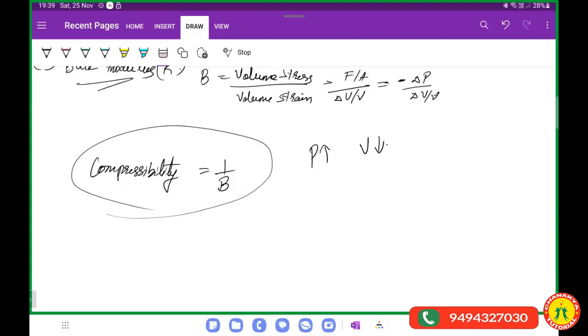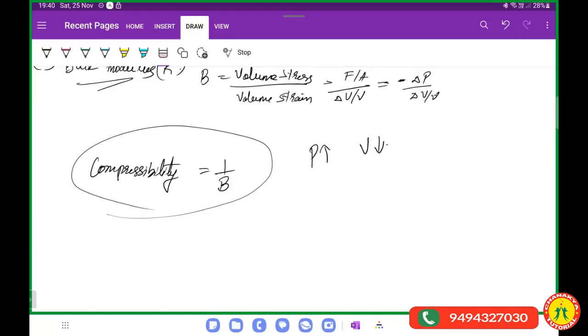Then we'll go for some exam questions. We don't have many exam questions for this, but we have exam questions for liquids.